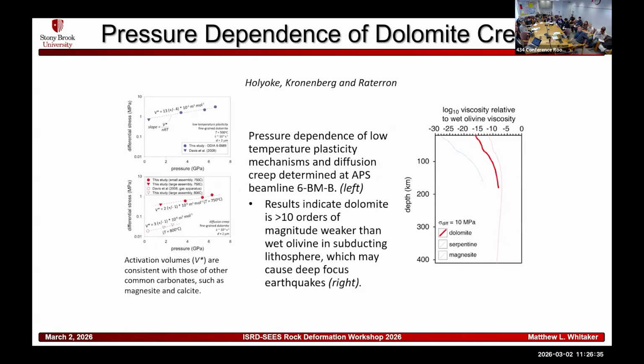Another example of things that he was looking at involved the pressure dependence of dolomite creep, where you can see that there's about 10 orders of magnitude difference between wet olivine and the dolomite here. So this is important for subduction zone mechanics, earthquake mechanisms, and whether or not they're going to happen at high pressure and high temperature.